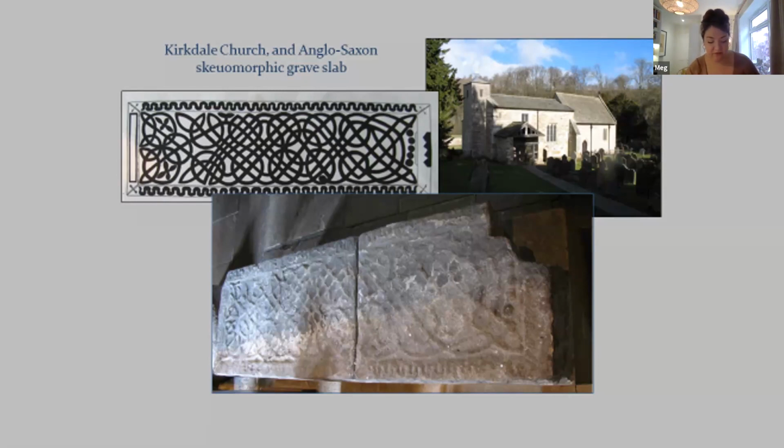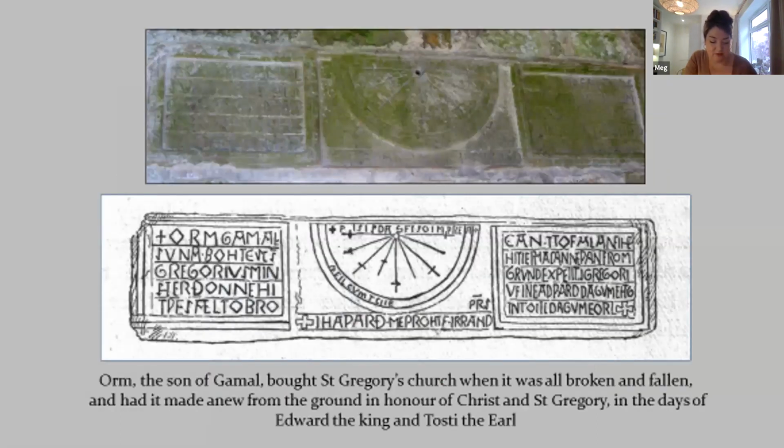The inscription over the entrance to the church at Kirkdale informs the visitor that Orm, son of Gamel, bought St Gregory's church when it was broken and fallen, and had it made anew from the ground in honour of Christ and St Gregory in the days of Edward the King and Tostig the Earl.